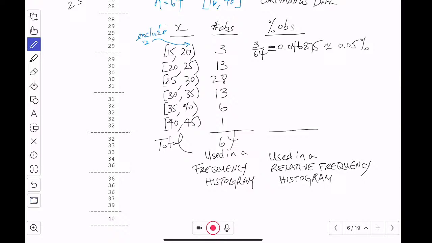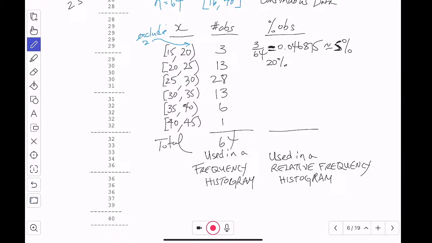That's not right. It's 5%. I just realized. It's 0.05 or 5%. Sorry. Thanks, Nivette. And then this one is 20%.